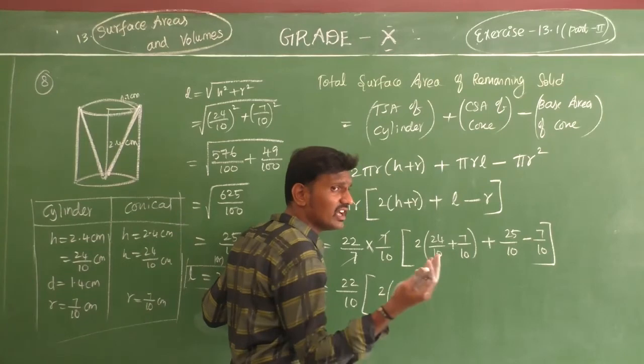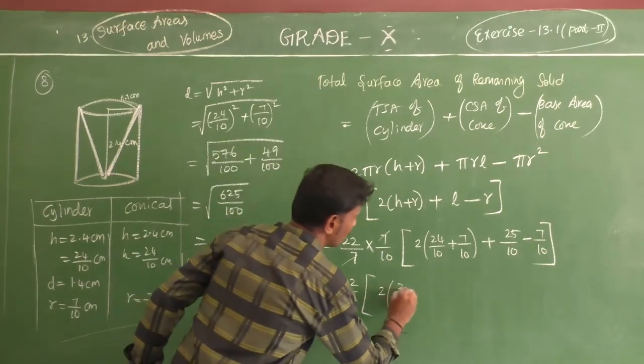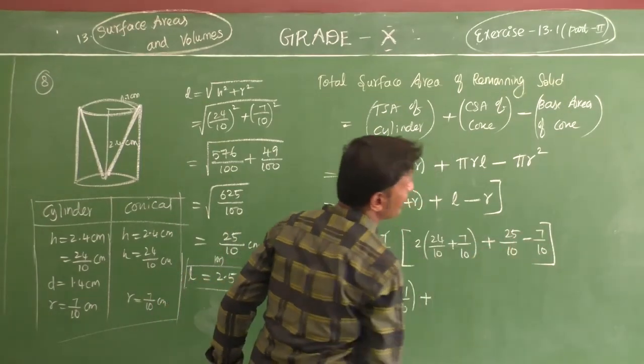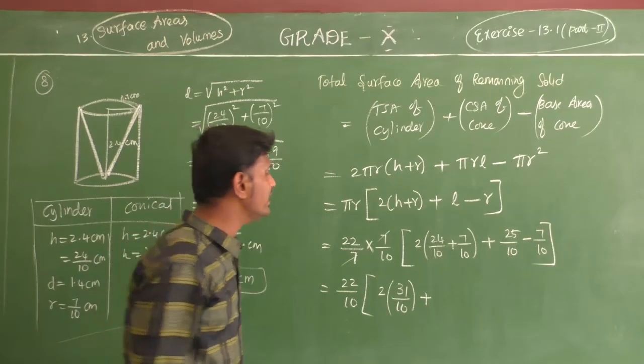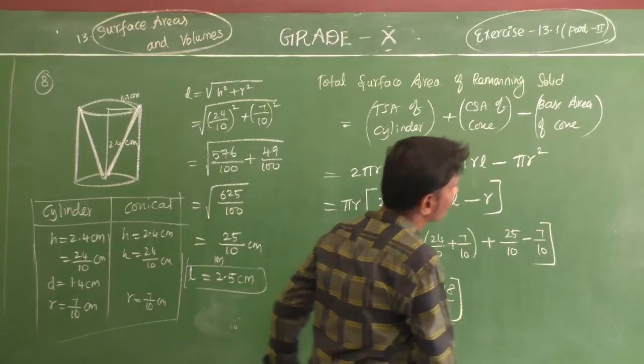What will come? 24 plus 7 is 31. So 31 by 10 plus 25 minus 7 is 18, so 18 by 10.